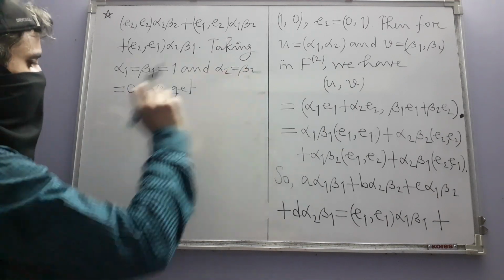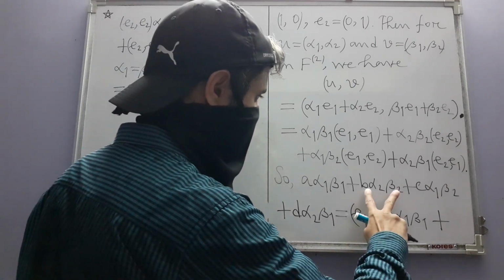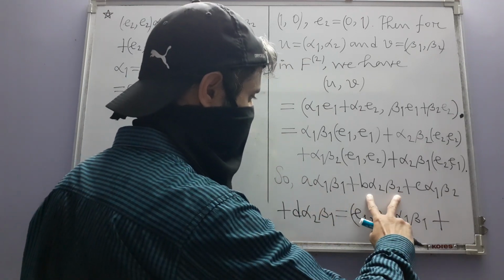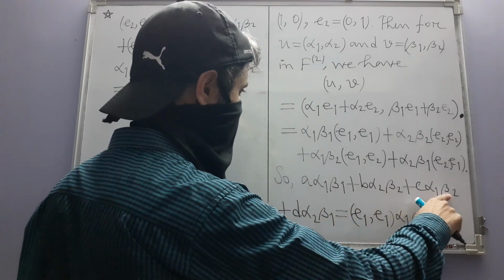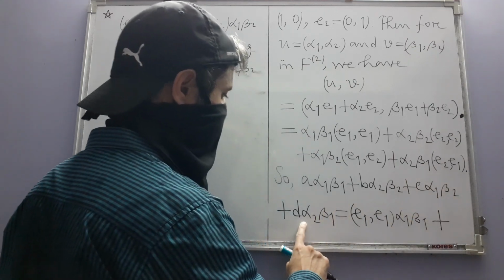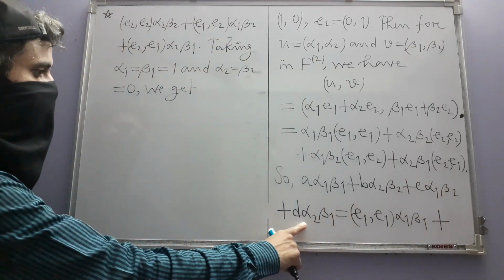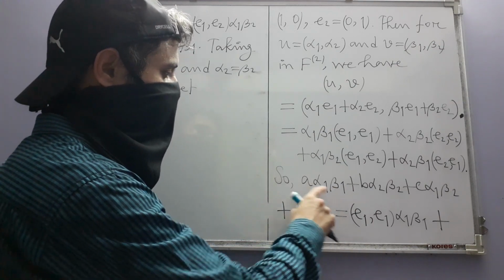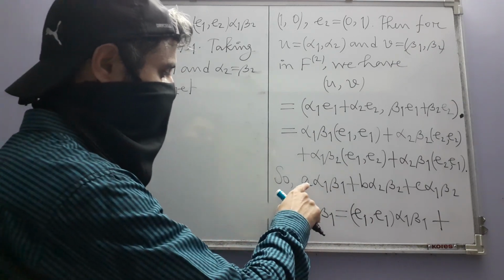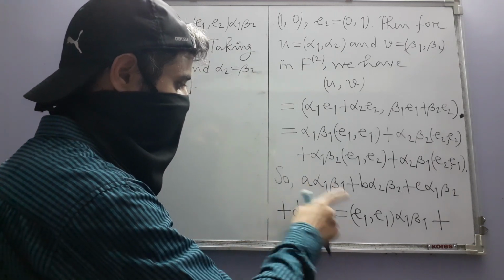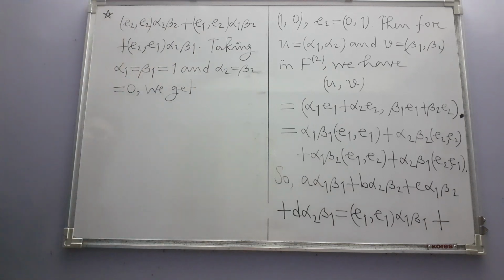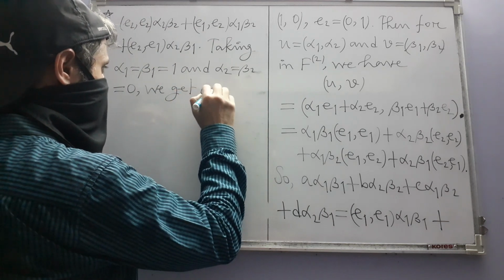See, alpha 2 and beta 2 are both 0. So this term would vanish in the left hand side. This term would vanish. This would vanish because beta 2 is 0. This would also vanish because alpha 2 is 0. Only this one will survive. And because of alpha 1 and beta 1 both being 1, this one will be A. Similarly, on this side, we will have only the inner product of E1 and E1. So we get this.